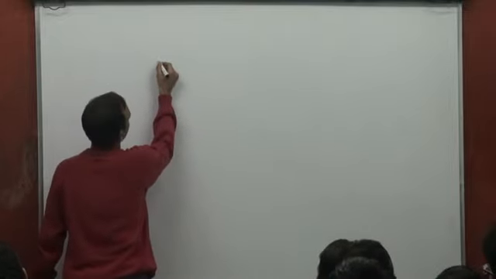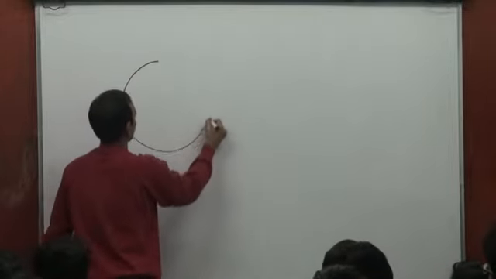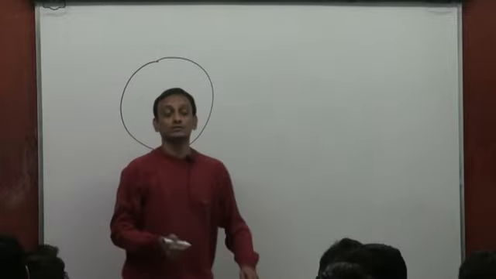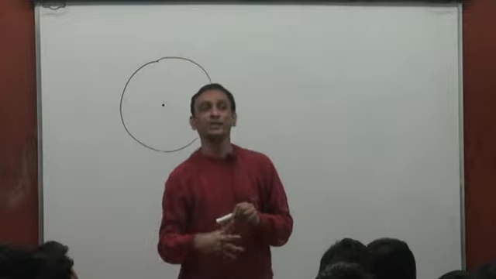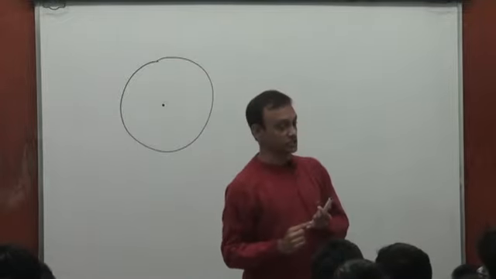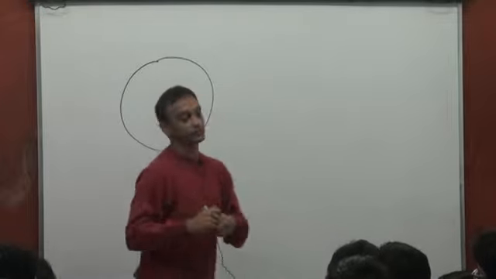Needless to say, if there is a circle, then it's completely and uniquely defined by two things: location of its center and its radius. Center and radius, right?